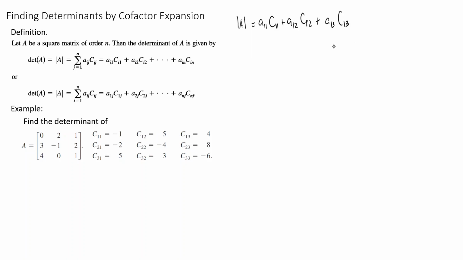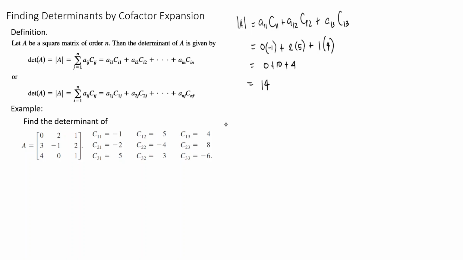We have a 3 by 3 matrix, so this is by first row expansion. This is equal to 0 times the cofactor C sub 1, 1, which is negative 1, plus A sub 1, 2, which is 2, times C sub 1, 2, which is 5, plus 1 times 4. So this is equal to 0 plus 10 plus 4, which is equal to 14.